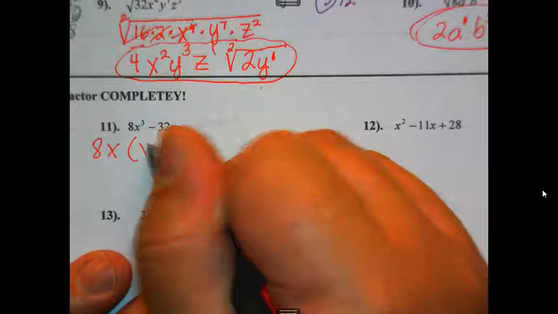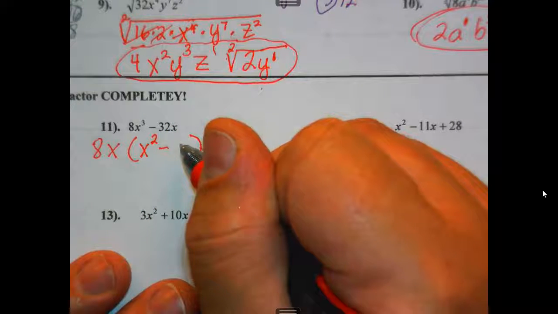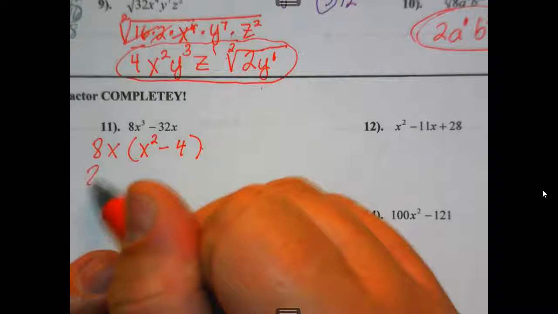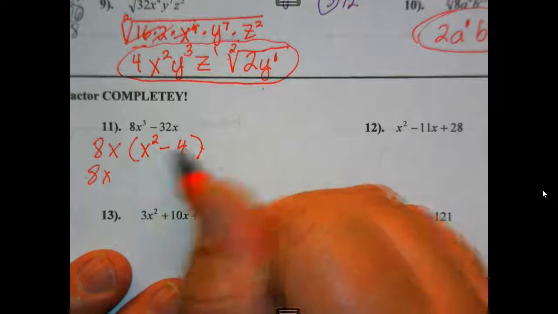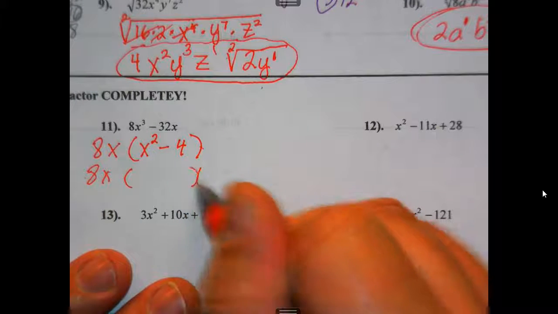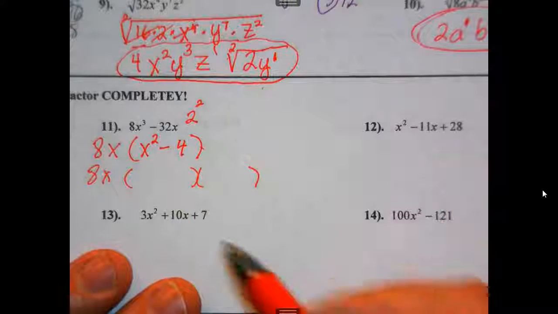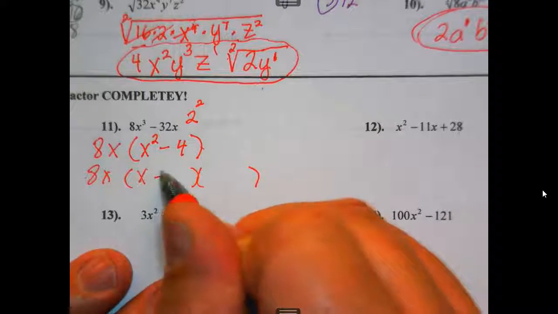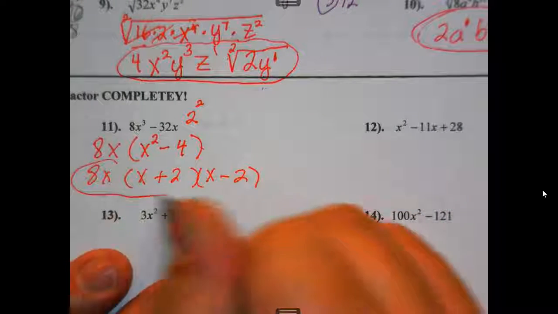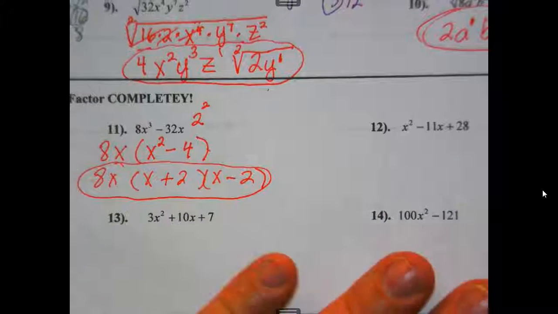How many x's do I have left over? 32 divided by 8x. Am I done? No, because I have a difference of squares here, right? Careful, it's 2 squared, right? So it's x plus 2, x minus 2. They're the bases of the power.